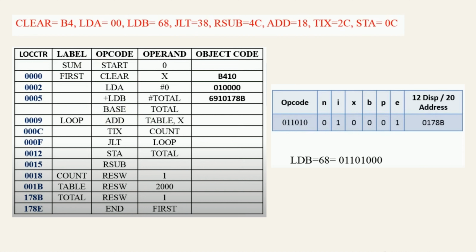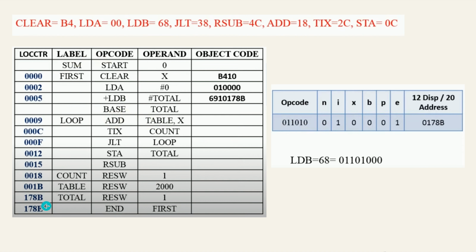So it occupies 20 bits in format 4. And where is total located? Total is located in this address, in this location. See, total is located in this location 1788.